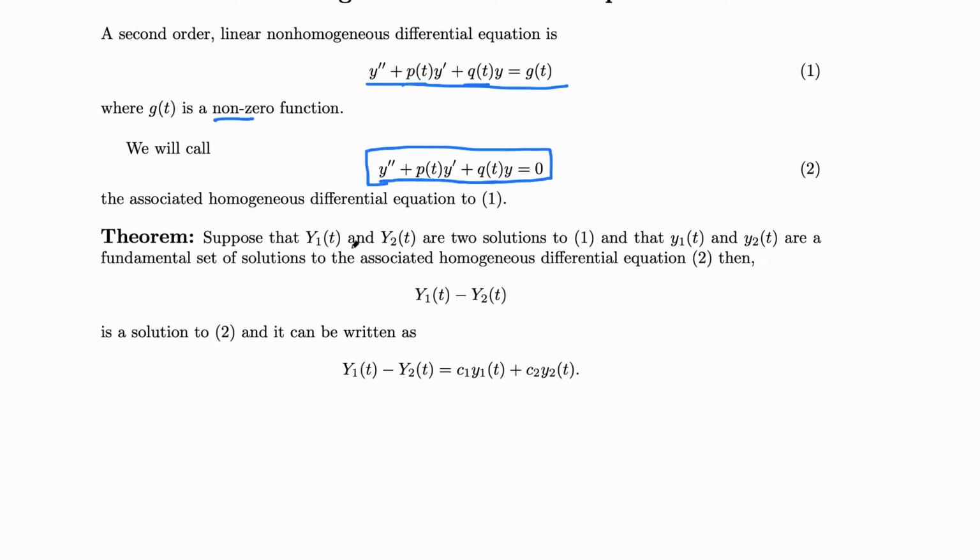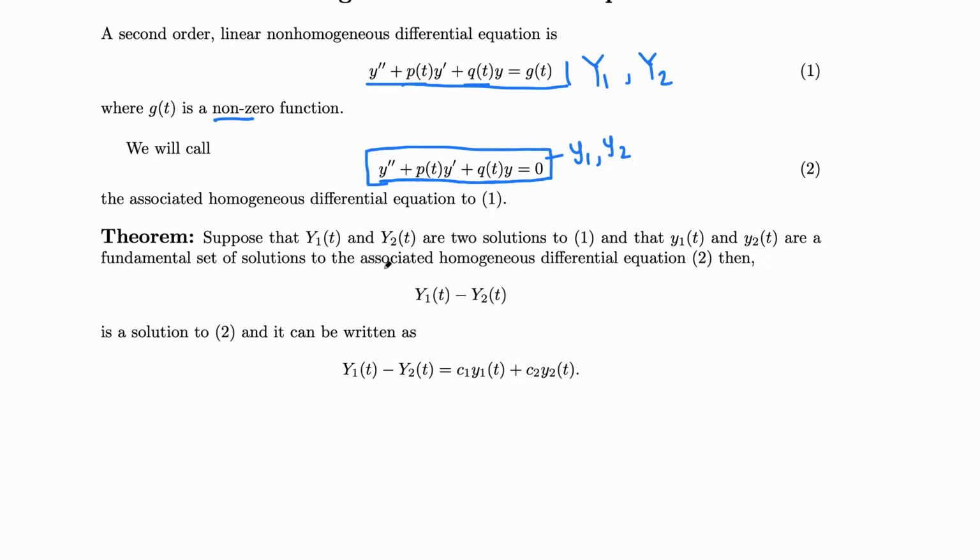Suppose that uppercase Y1 and Y2 are 2 solutions to 1, this non-homogeneous equation, and little y1 and y2 are a fundamental set of solutions to the associated homogeneous differential equation 2. So fundamental set of solutions means they are solutions and they are linearly independent.